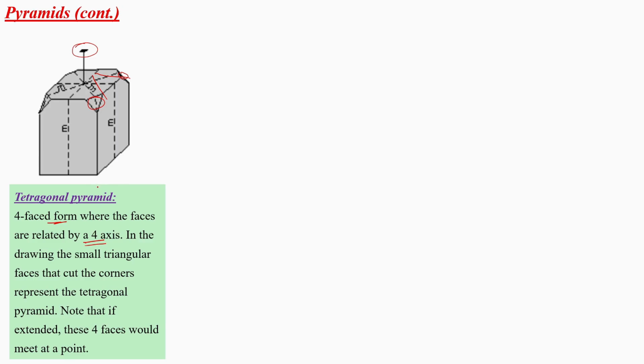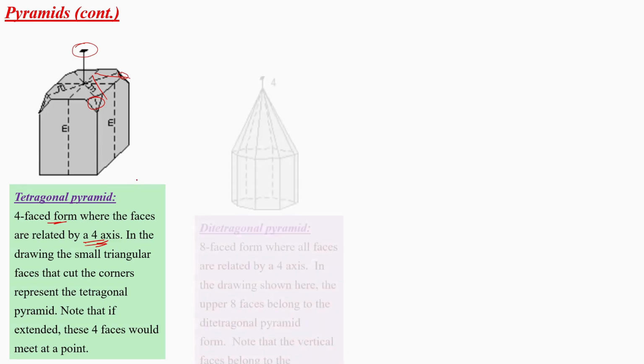In the tetragonal class, where 4 faces are related to the 4-fold axis, it is called a tetragonal pyramid. We have to check whether it is a pyramid or a prism. First we count the number of similar faces and relate them with some kind of symmetry, whether they are connecting or not connecting, or parallel. Then we can name that particular form easily.